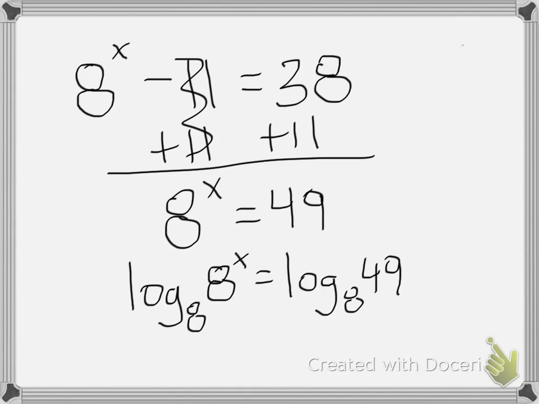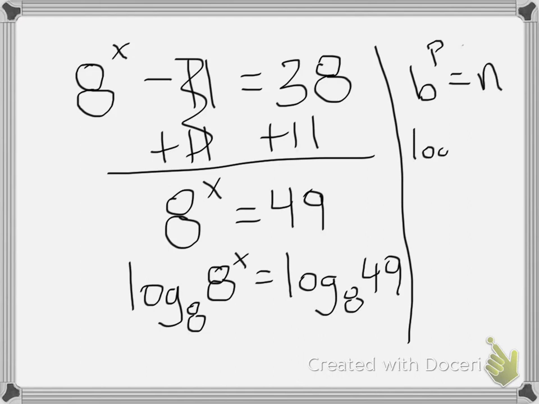So if I put this problem off to the side and simply look at logarithms in general, a logarithm is another way to write an exponent. If you have a base b and an exponent p, and you work it out and it equals some number n, well, by definition, another way to write that is log base b of n equals p. And what you have over here is log base 8 of 8 to the x.